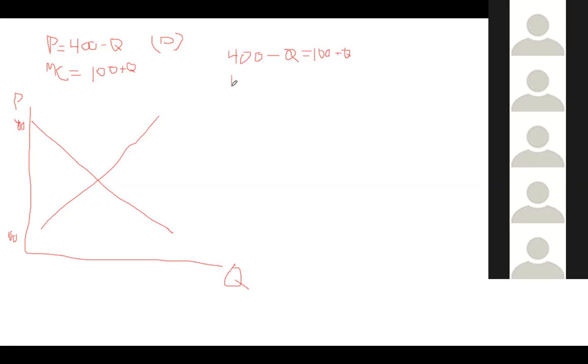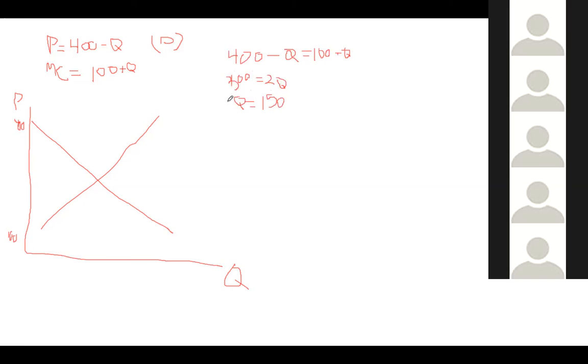But that gives us 300 equals 2Q. I moved the Q's to one side, I moved the numbers to one side. Equilibrium quantity is 150. Everyone with me so far?